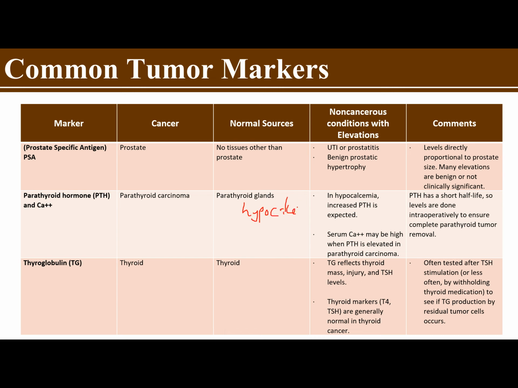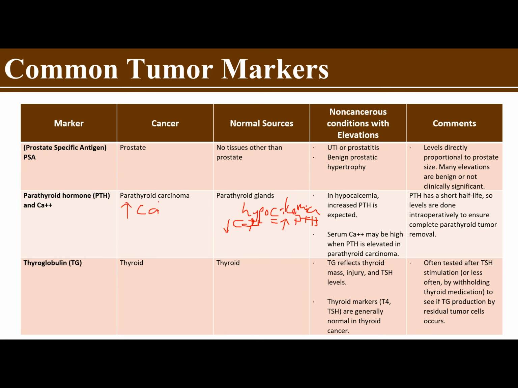hypocalcemia. When you have hypocalcemia class, it is expected that you would have decreased calcium. And along with the decreased calcium, there would be increased PTH. But in conditions where you have parathyroid carcinoma, the opposite happens.